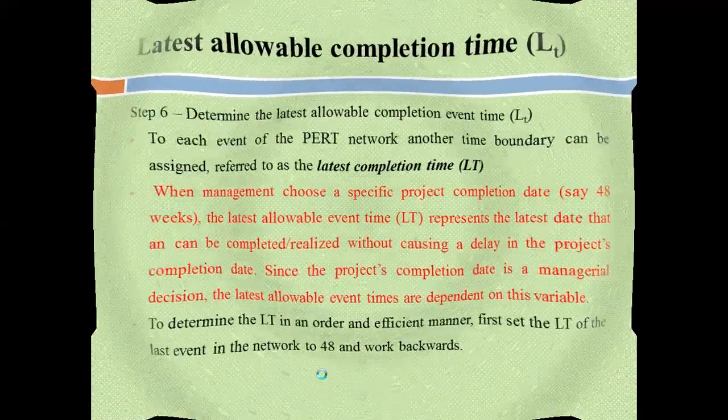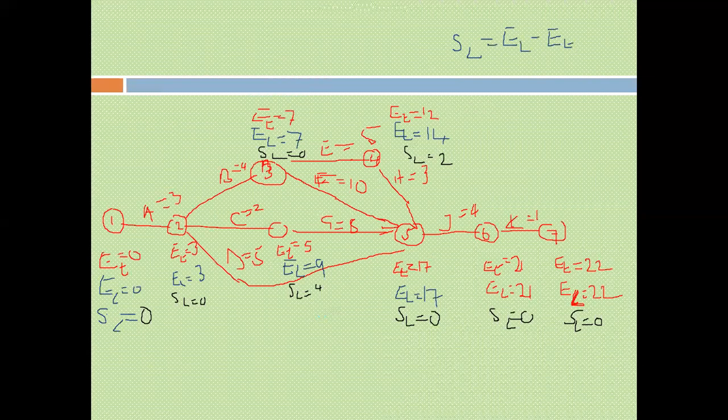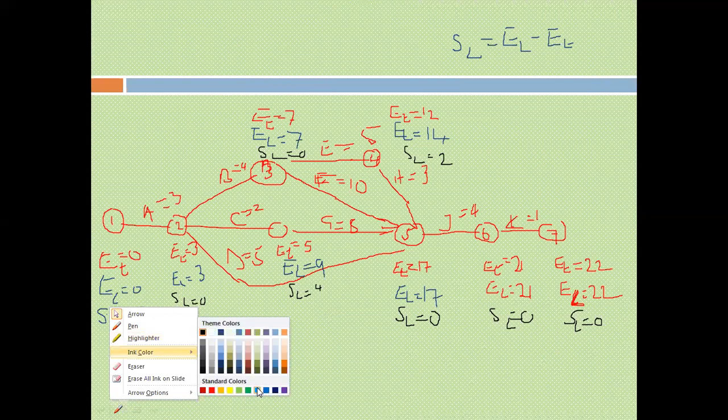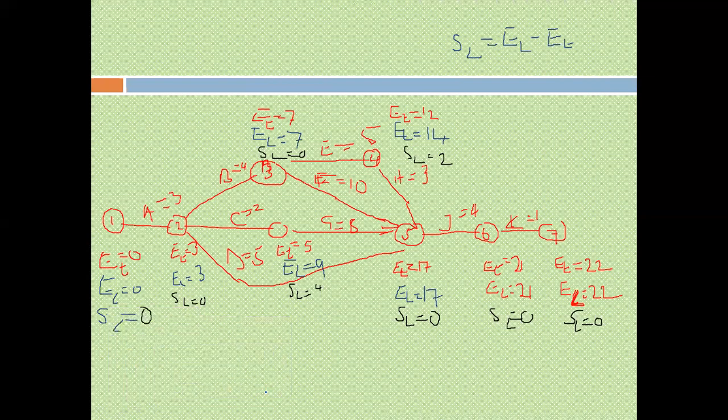Back to our diagram. When you come back here, see where your critical path, your SL, is 0. It begins from here. This is 0. So if you look at it, it begins this way. But from here, that route is 0. Now this is 0 here, so we go up. That is 0 also.